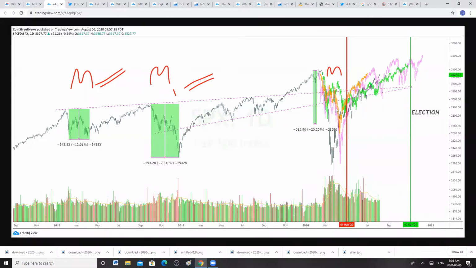I copied and pasted it in a few different ways where things could drop heavily, and the projection was for it to bounce back up before May and ride into election season. And we've kind of been seeing that now, right? We're up here, we followed the pink deadly fractal on the way down, and I've followed all of the other fractals on the way back up.